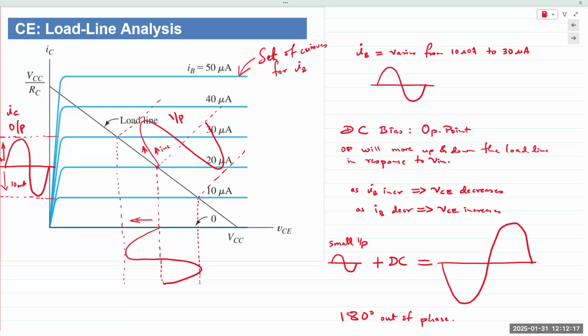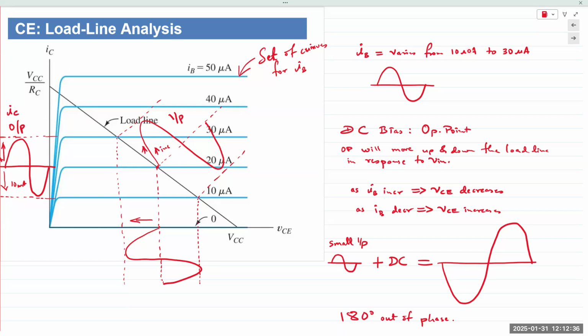We have applied our DC voltages, VCC and VBB, that set the bias for our operating point, right? So that operating point is fixed.